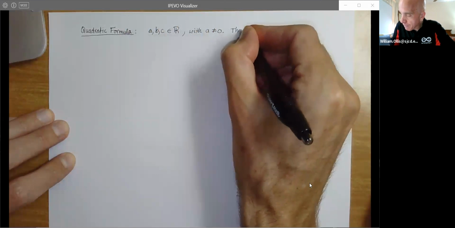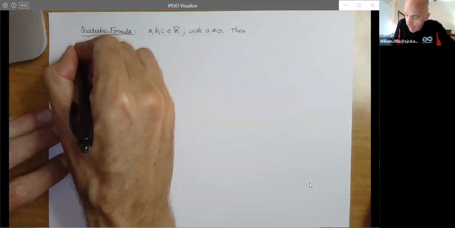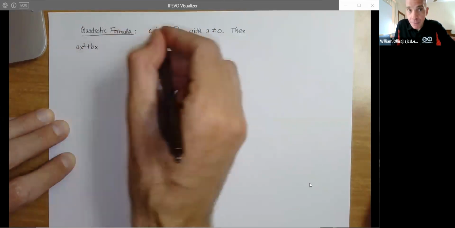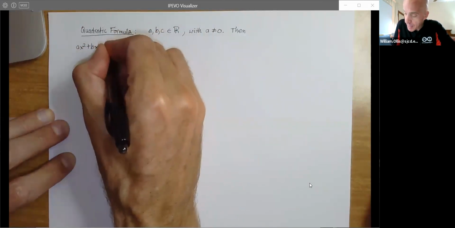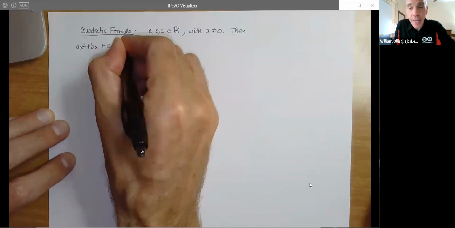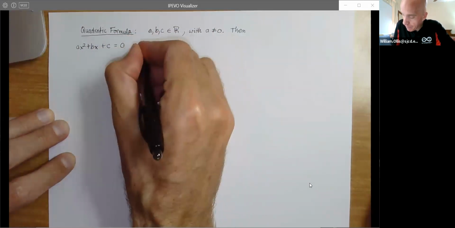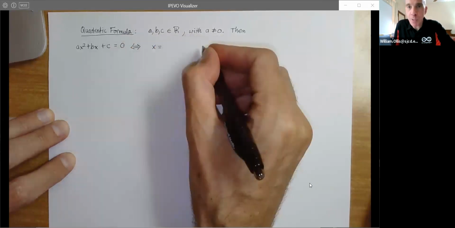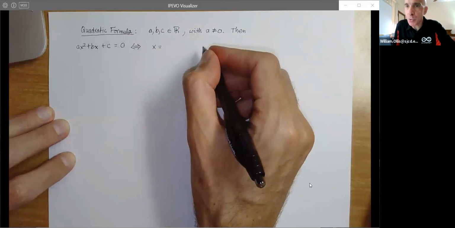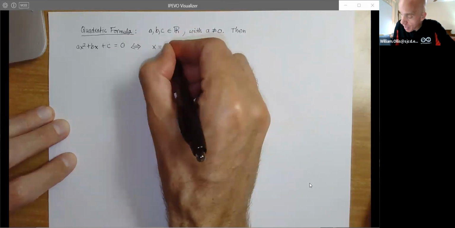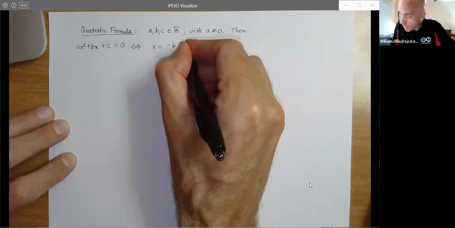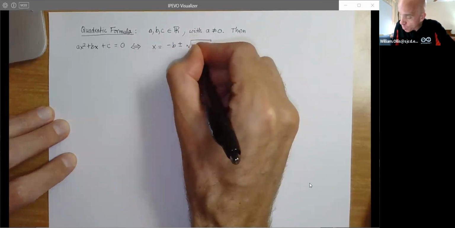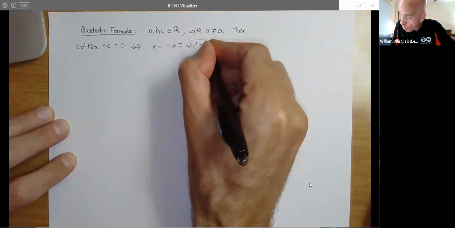Then AX squared plus BX plus C equals 0 if and only if X equals, and this is the famous formula that you know from Algebra 2 and college algebra, the opposite of B plus or minus the square root of B squared minus 4AC, divided by 2A.